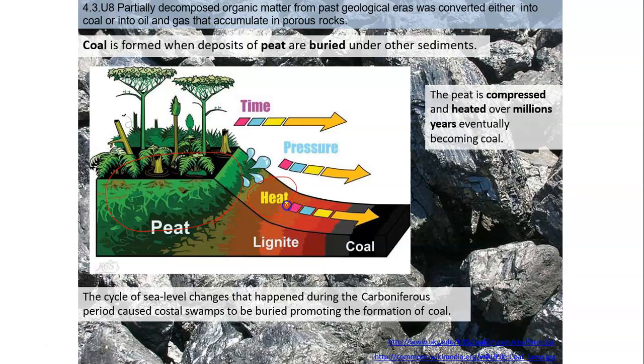So peat under heat and pressure over time will finally end up as coal. The cycle of sea level changes that happened during the Carboniferous period caused coastal swamps to be buried, promoting the formation of coal. And this shows the cycle of the sea level going to create the coal at the end.